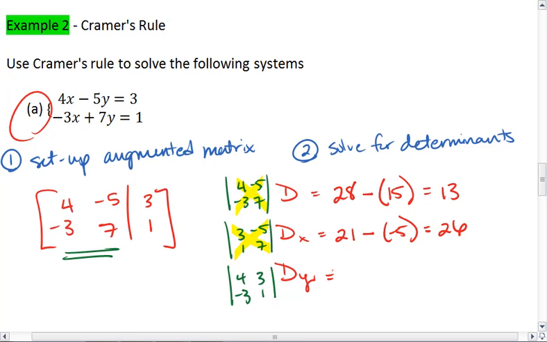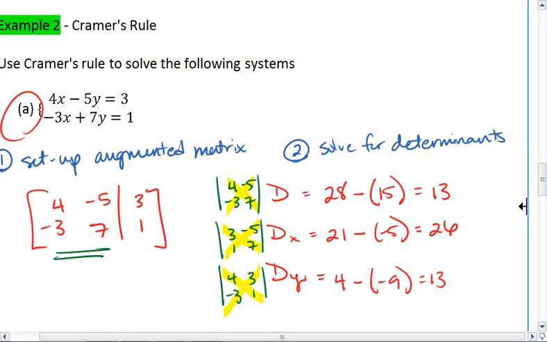And then finally for Dy, I get 4 times 1, which is 4, minus -3 times 3, which is -9, and that gives me 13.